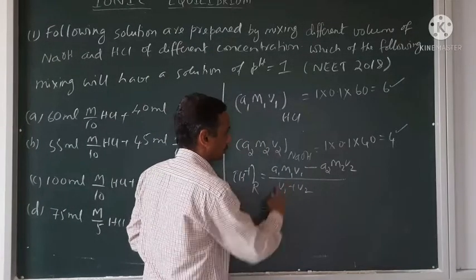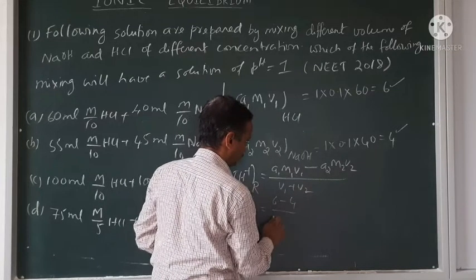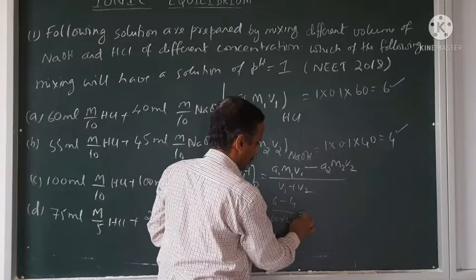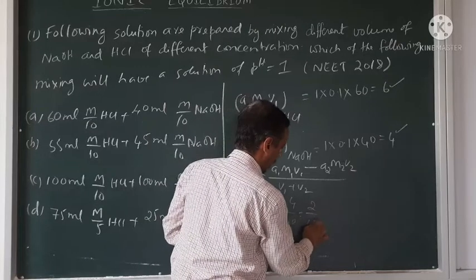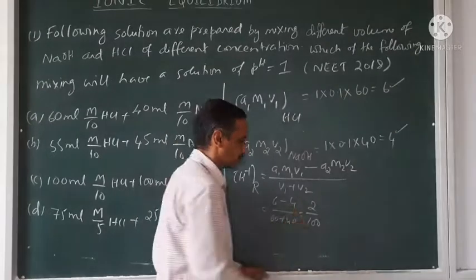So is equal to, see already 6 minus 4 by what happens? 60 plus 40 is equal to 2 by 100. 6 minus 4 is 2.